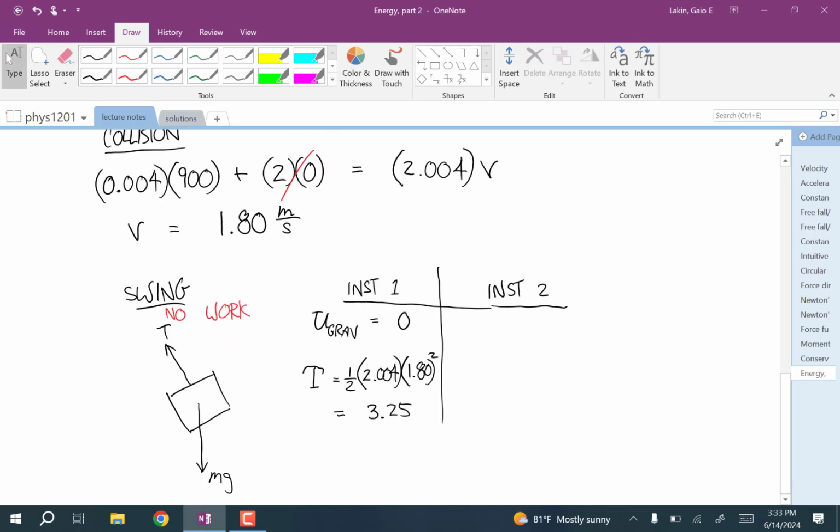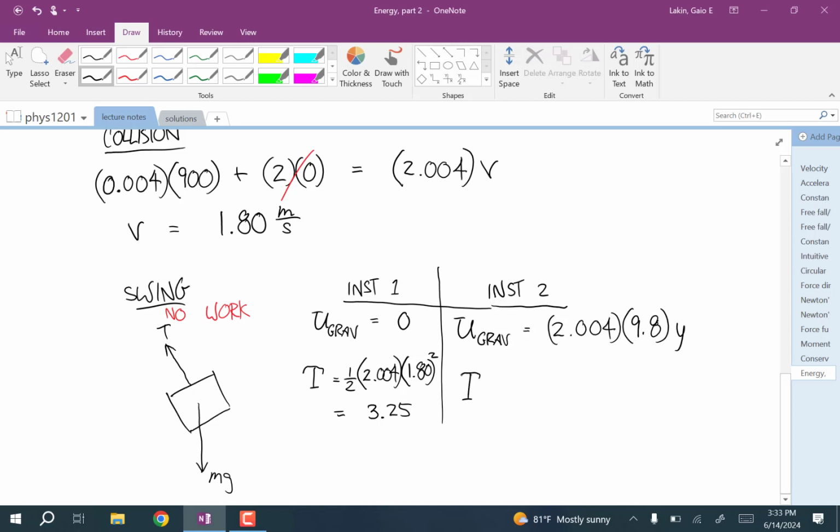And then when it gets to its highest point, well, we don't know what that height is, but we're trying to calculate it. So it's equal to the mass times 9.8 times that y value.